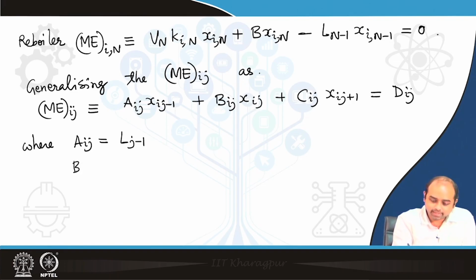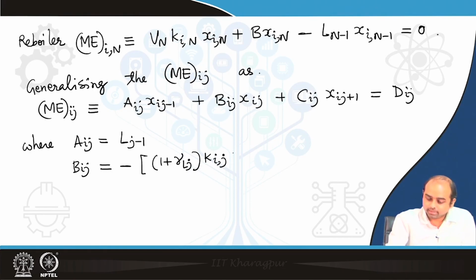Then Bij, the coefficient of the term including Xij, is minus of 1 plus gamma Lj, Lj, Kij, Vj plus Lj, so this is not gamma Lj, it is gamma Vj, plus Uj, right?